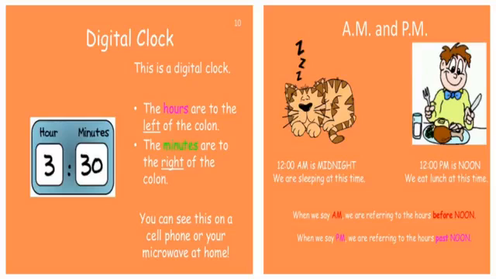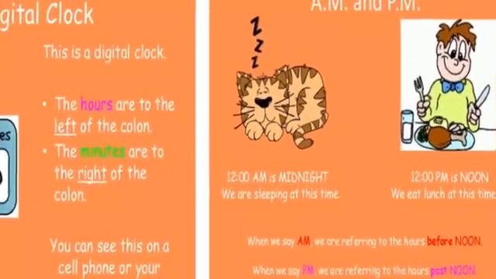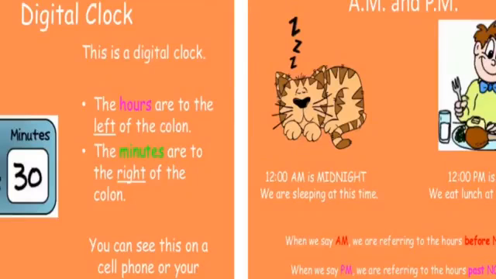Now in this slide, it is AM or PM. 12 AM is midnight. We are sleeping at this time. 12 PM is noon. We eat lunch at this time. When we say AM, we are referring to the hours before noon. When we say PM, we are referring to the hours past noon.